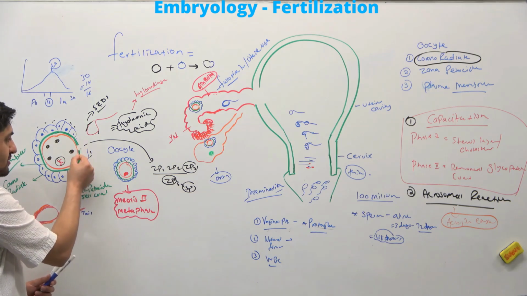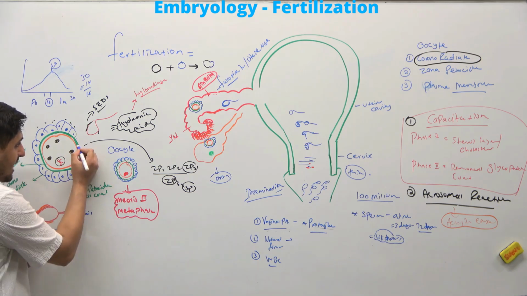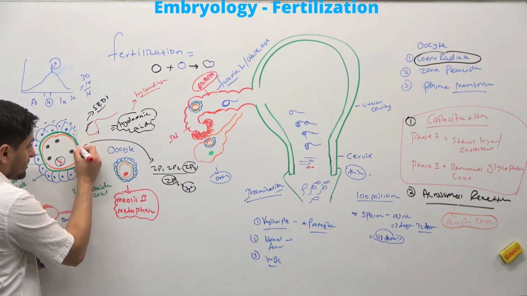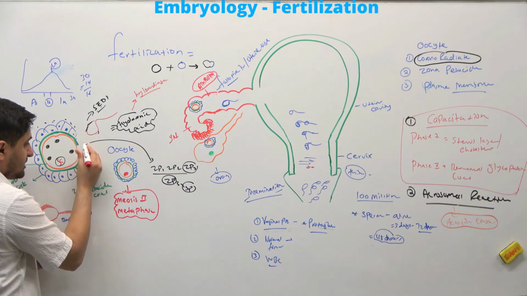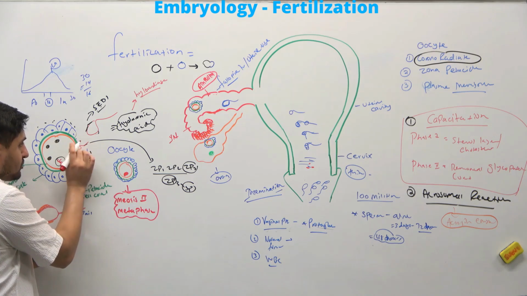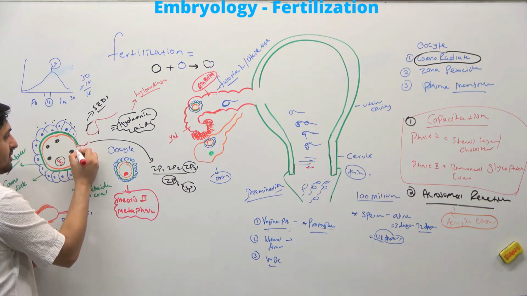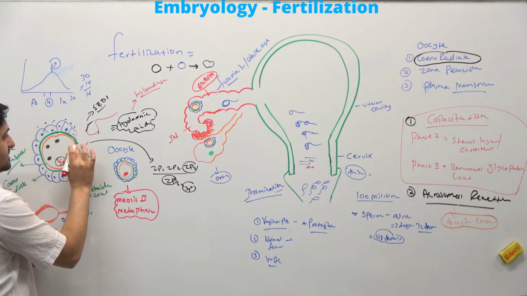Now, instead of saying zona pellucida, let's just say this egg. The sperm penetrates the zona pellucida and goes to this perivitelline space right here. Let's say the sperm is right here. When it fuses with this vitelline membrane, the plasma membrane right here, the front layers of this sperm start melting away.